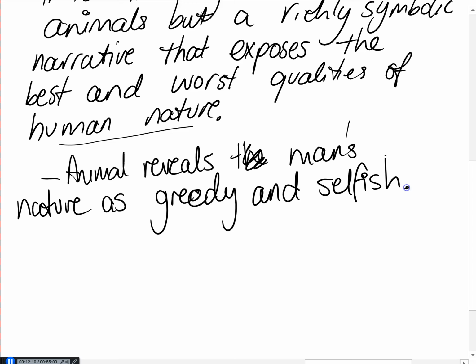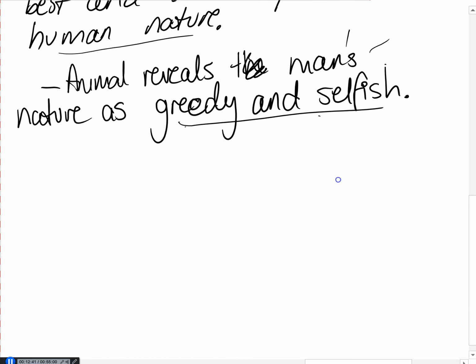Okay, so here I might not only discuss man, Mr. Jones, as being greedy and selfish, but the fact that Napoleon and the pigs symbolize or reflect human characteristics because they are meant as a warning for us about human nature, and that their greedy and selfish actions warn the reader about the impact or the pain that can be caused by this behavior. That might be point 1.